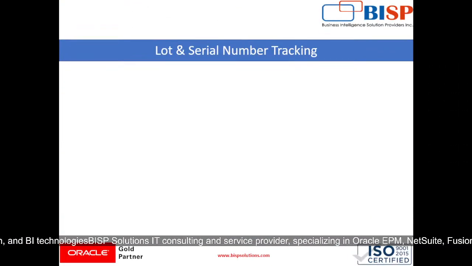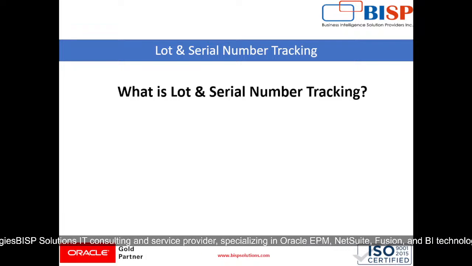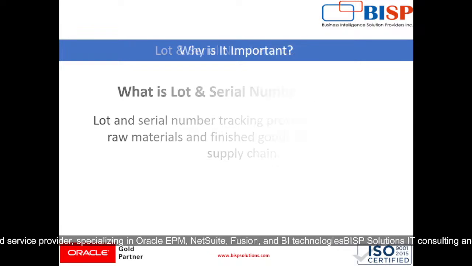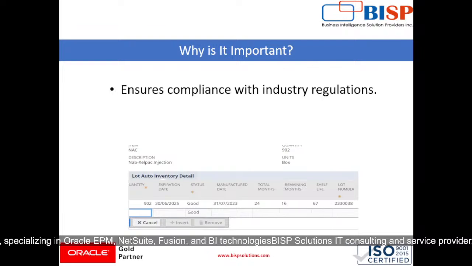Then comes our lot and serial number tracking. So what is lot and serial number tracking? It provides traceability of raw materials and finished goods throughout the supply chain. And why is it important? Because it ensures compliance with industry regulations.